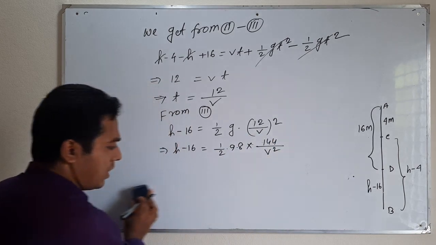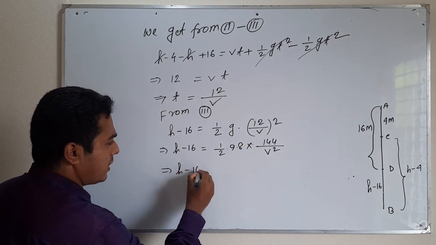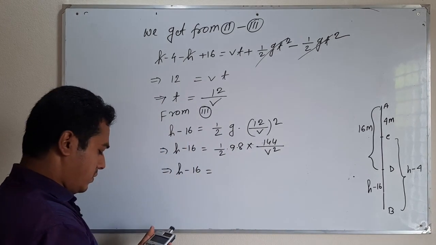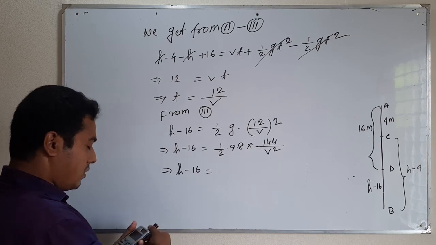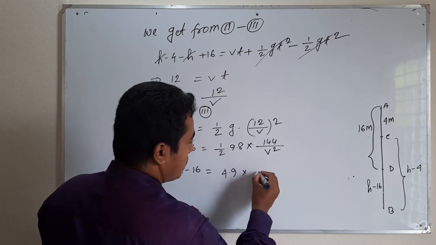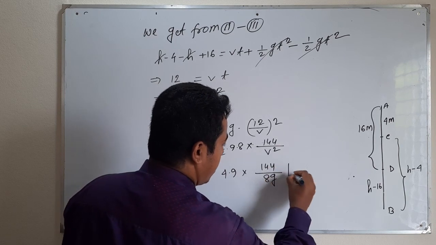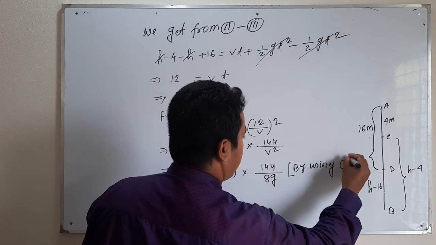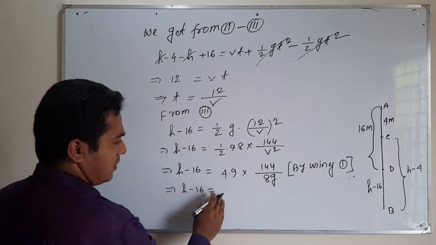From equation 1, V square is equal to 8G, so H minus 16 is equal to half of G times 144 divided by 8G.